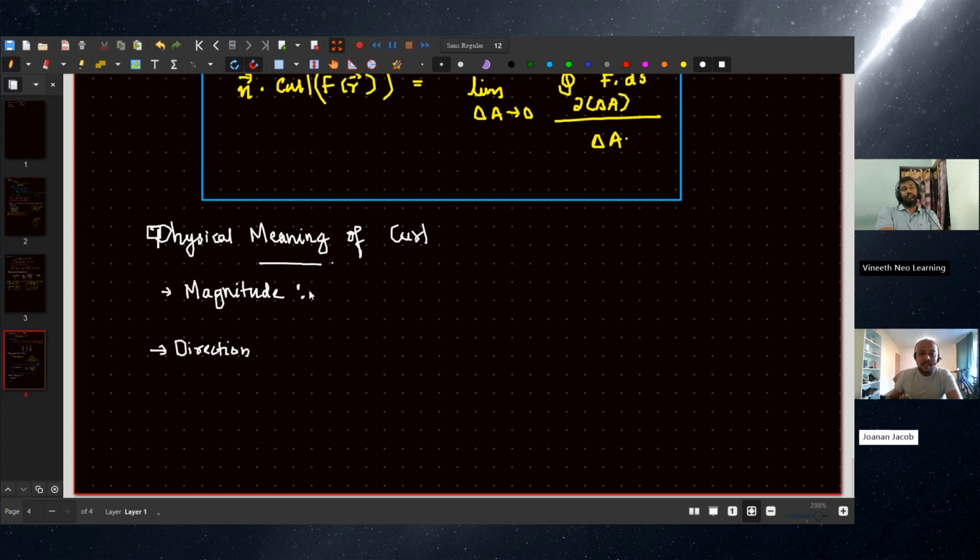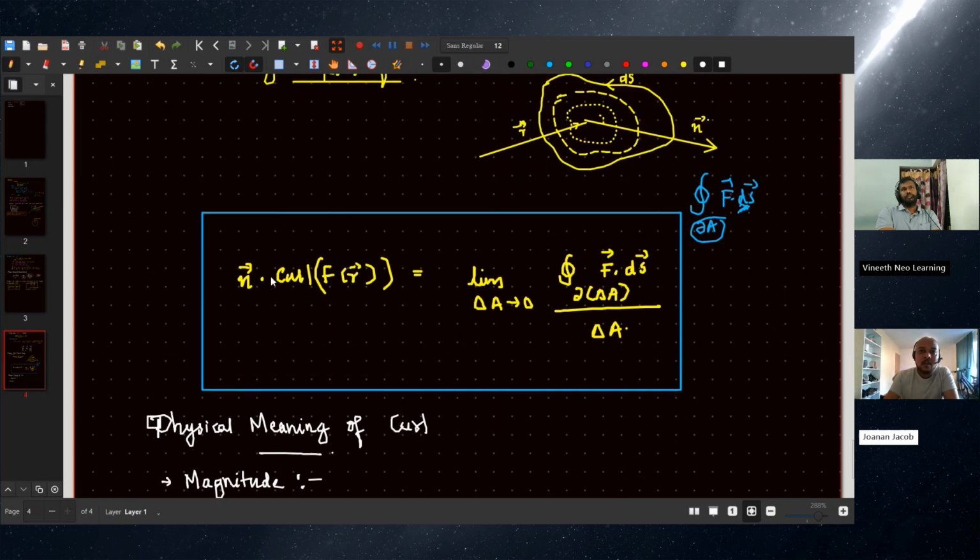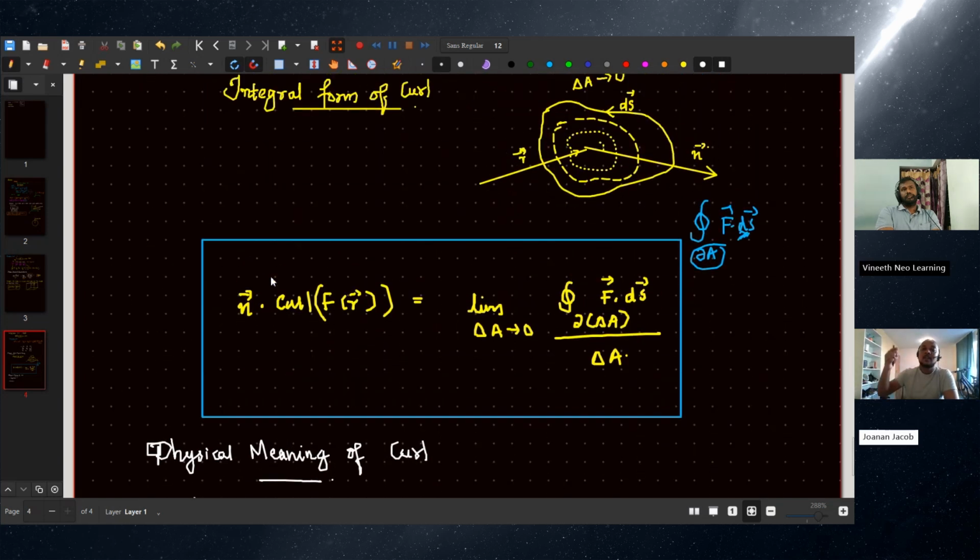Now, the magnitude of curl of f of r will give the strength of rotation, which means that on this surface this vector f has some rotating effect. A vector field means at each point on the surface the vector has a particular magnitude and a particular direction.